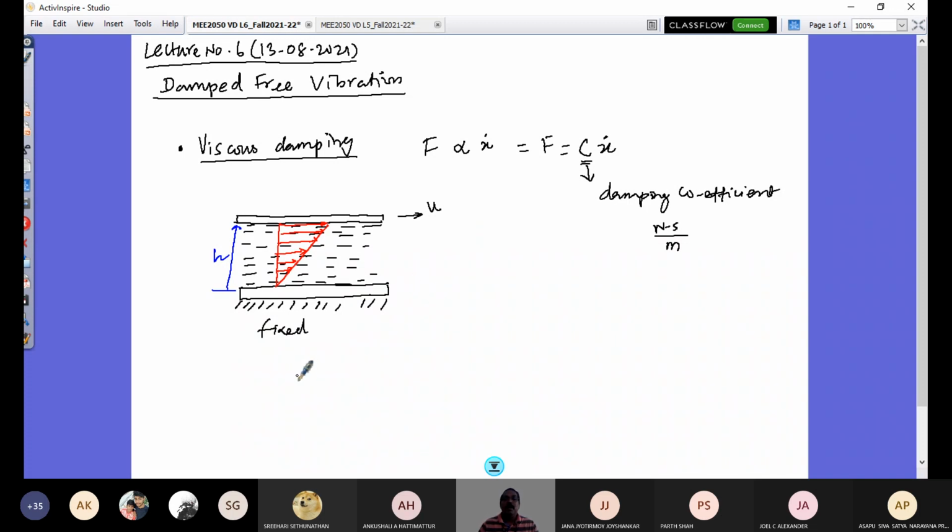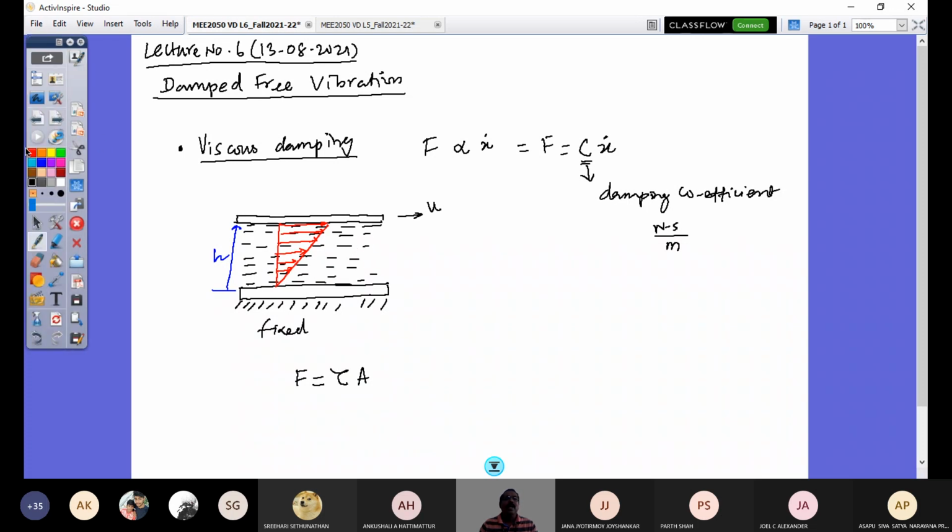So the damping force F would be equal to the shear stress times the area of contact. So this is the damping force. So how do we get that? For that, let me explain this variation.